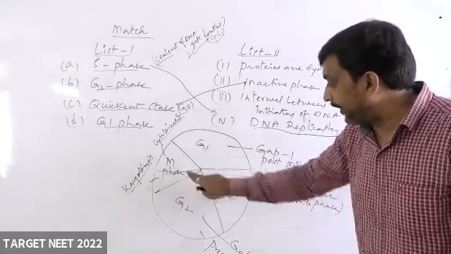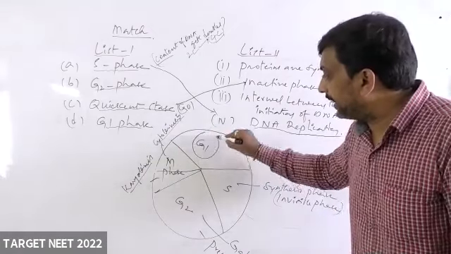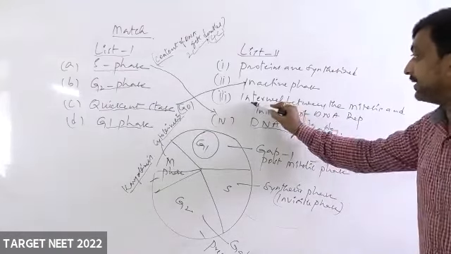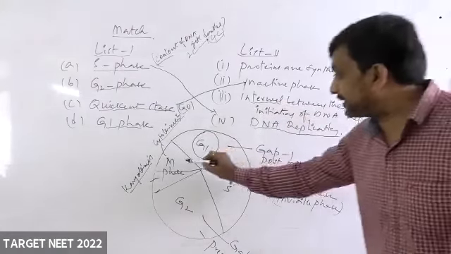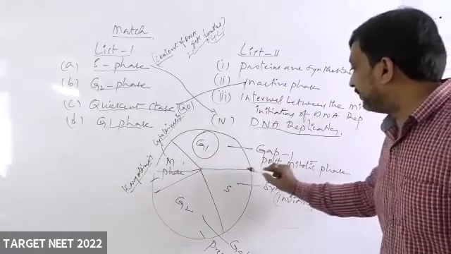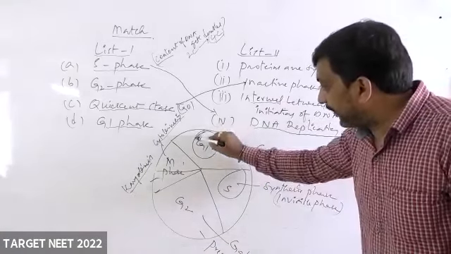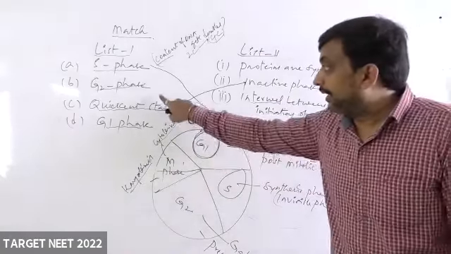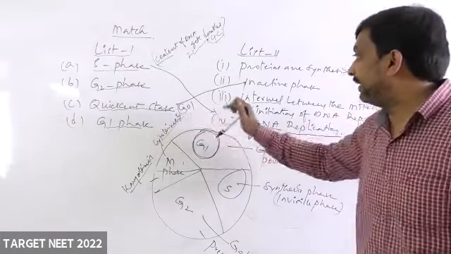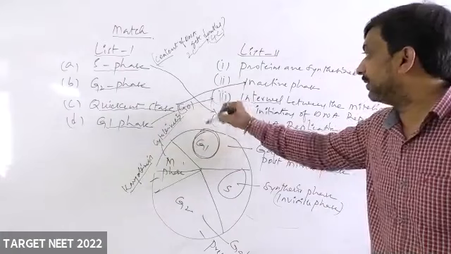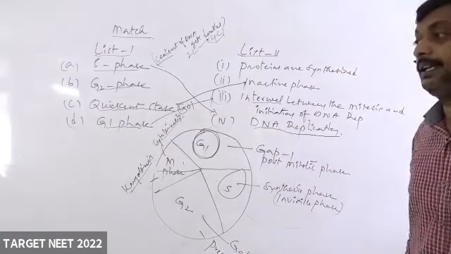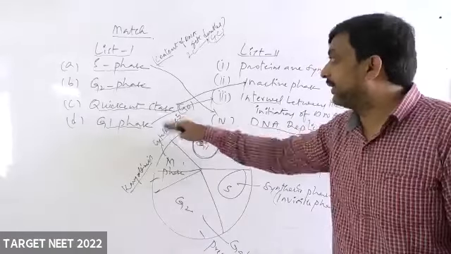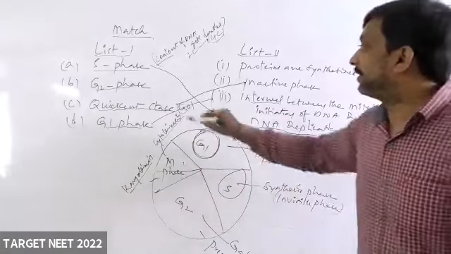So the phase that comes between M phase and S phase is what we call G1. So the interval between the mitosis and the initiation of the DNA replication is G1. Now, what is left here? The G2.